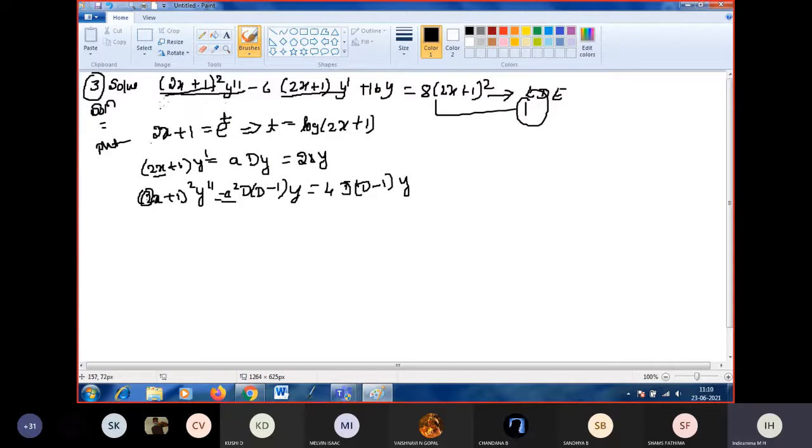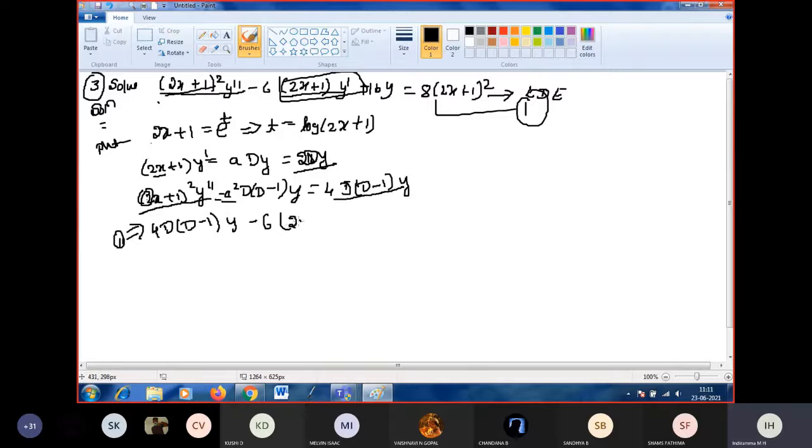Equation 1 becomes 4D(D − 1) y minus 6 into, substituting for this value, 2Dy.